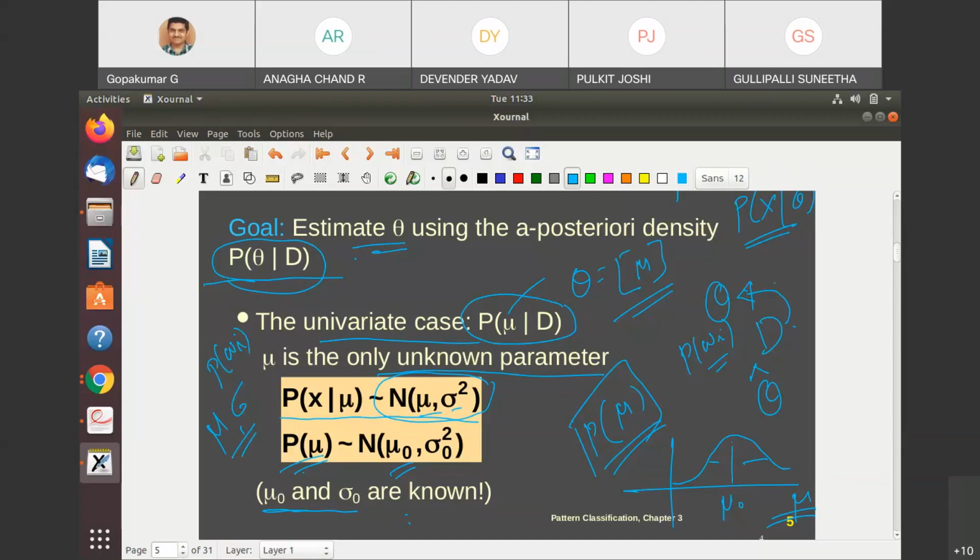But when we go to the next level, we go to distributions of mu, and again we assume that mu zero and sigma zero are known. So it is a recursive way of extending the same concept to the next level. That is the idea of how we can write this representation.